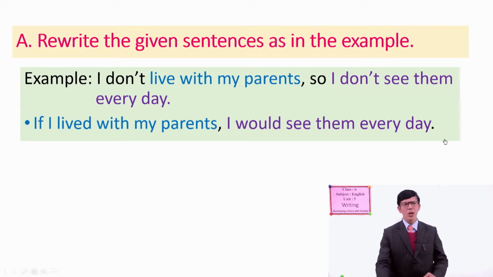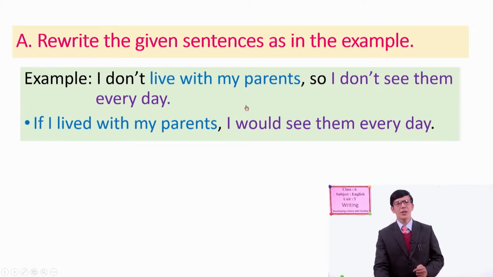In the first clause, you can see here, if I lived with my parents, and in the main clause, you can see I'd see them every day. On the basis of the same example, now you are going to rewrite other sentences.